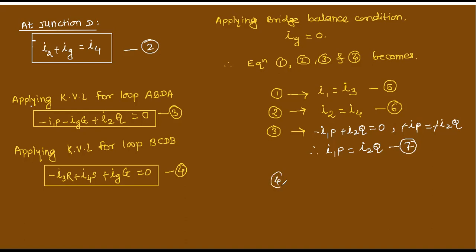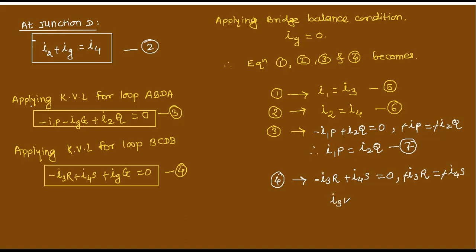Next, equation number 4 becomes, this is 0. So you are getting minus I3R plus I4S is equal to 0. And therefore I3R is equal to I4S when I am transferring this term here. So this minus and this minus get cancelled.